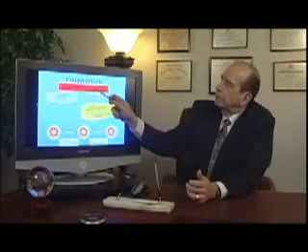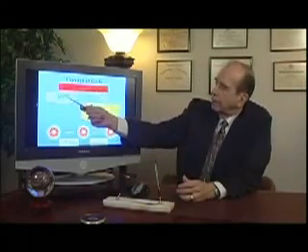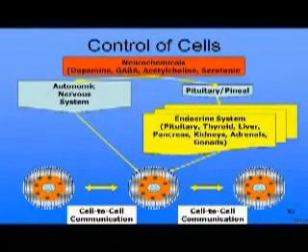So neurochemicals are extremely important, and what you'll find is that essentially everyone who has a chronic illness is deficient in neurochemicals. Now, one of the reasons that's important is not only does it control the way your brain works, it controls all of the cells in your body, because the neurochemicals control the autonomic nervous system, sympathetic and parasympathetic systems, and it also controls your pituitary and pineal systems.